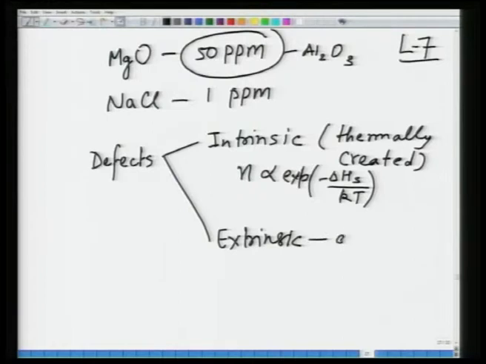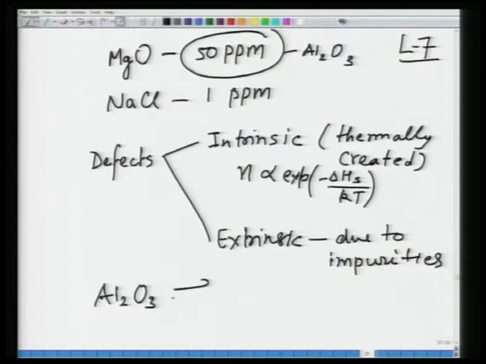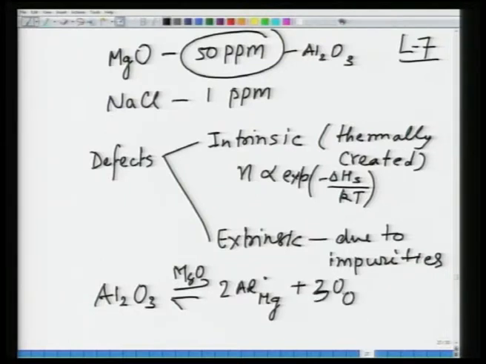Then you have extrinsic defects. Extrinsic defects are due to impurities which are aliovalent. When you put Al2O3 in MgO, let us say both aluminum go to magnesium sites carrying one positive charge, and all three oxygens go to oxygen sites.